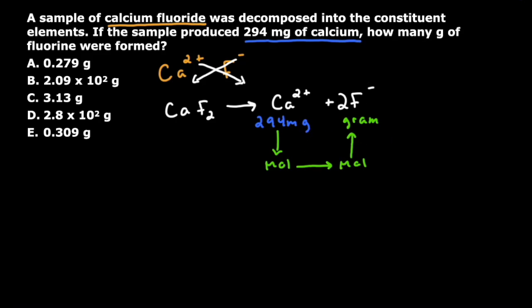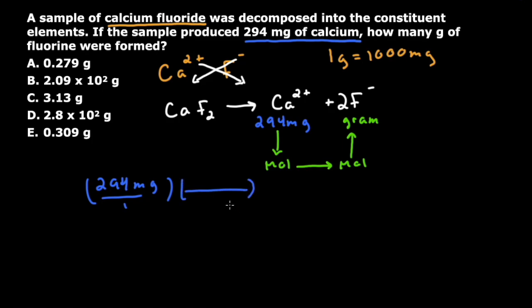The first thing I'm going to do is take this 294 and go to grams. And so I need to know that every 1 gram that you have is going to be equal to 1,000 milligrams. So I'm going to say that I have 294 milligrams, and I'm going to put that over 1 like this. And then I'm going to put milligrams on the bottom right here, and grams up top.